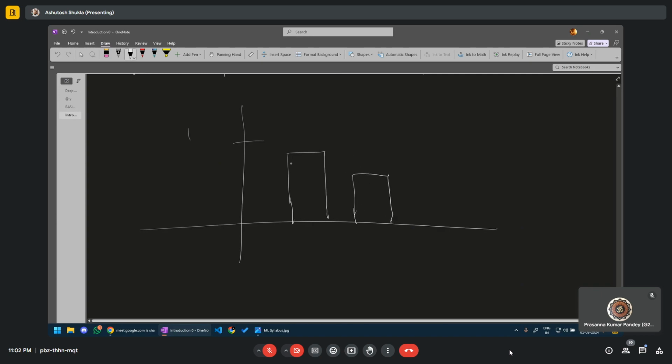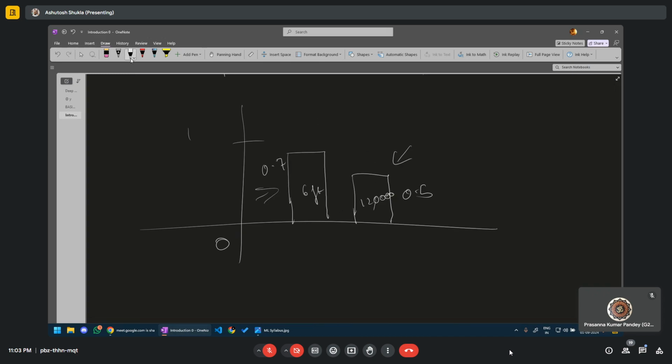So now it's more up to scale between 0 and 1, and it looks comparable, where I can see this guy has this much height and this much salary. Does this example make sense? Okay, good.